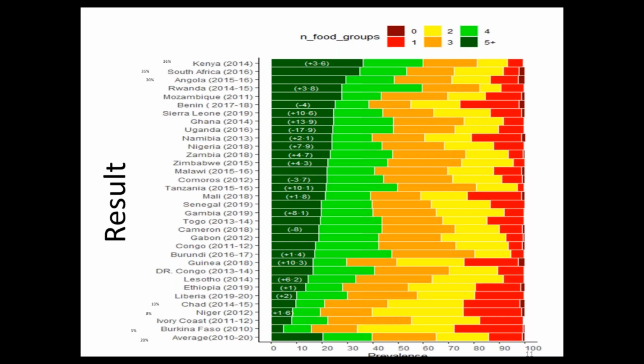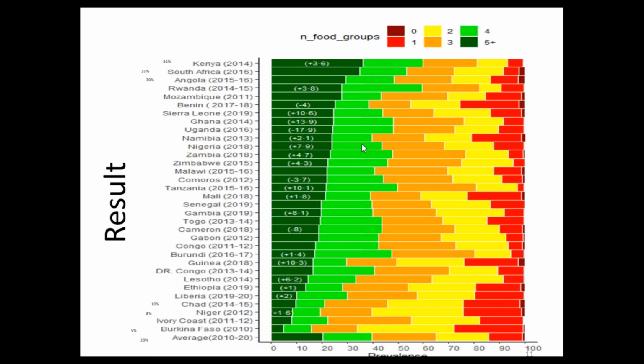For the first result, the bar chart indicates that the first green color shows children who consume 5 or more food groups, or good feeding practice, in these proportions. On average in sub-Saharan Africa, about 20% of children consumed adequate minimum dietary diversity.